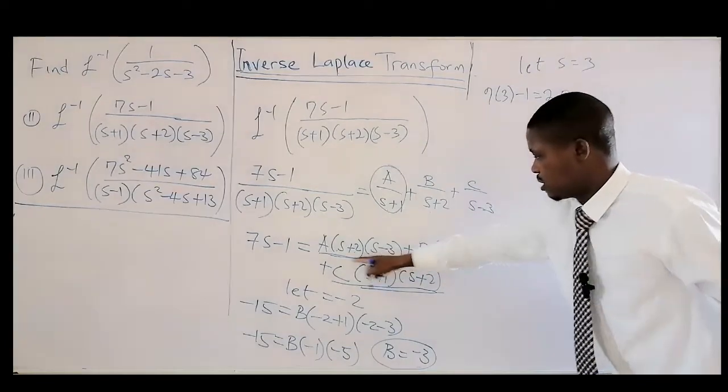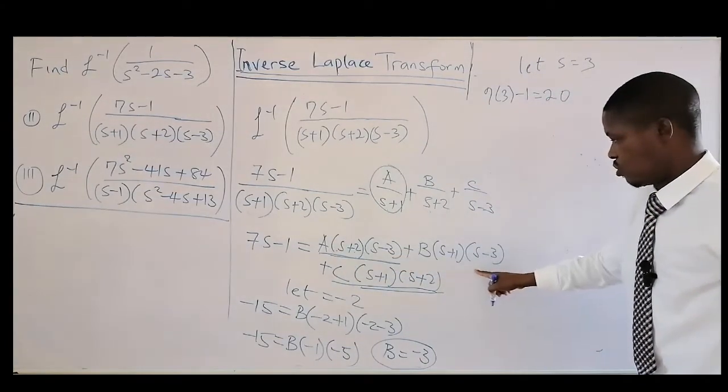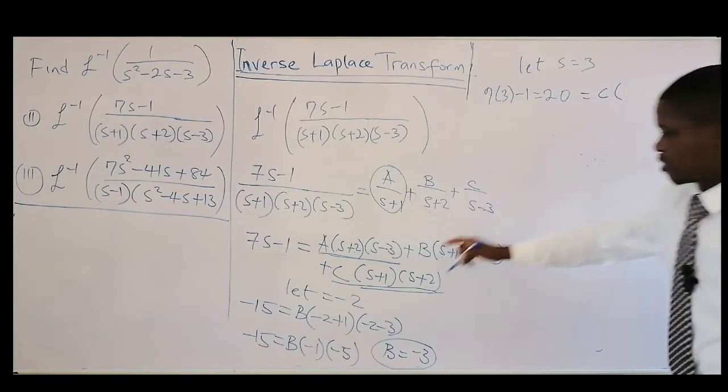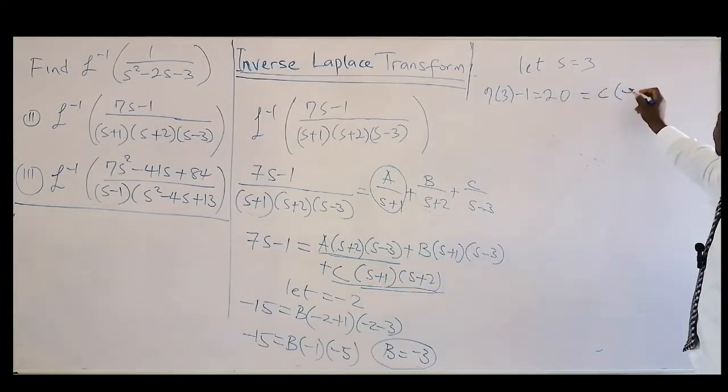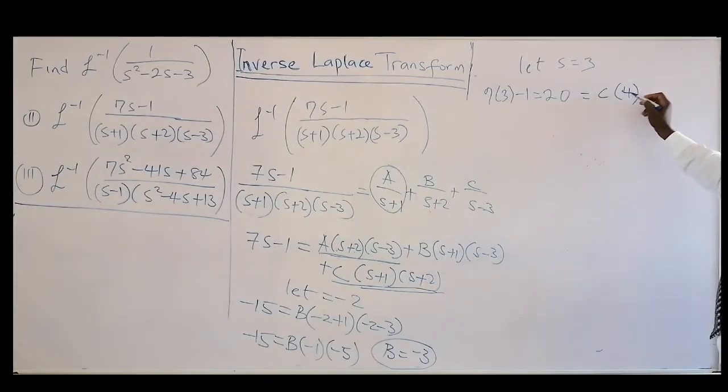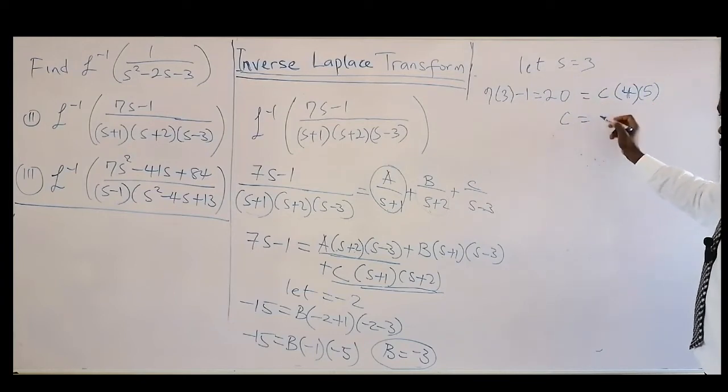If we put 3 here, that will go. This also will go. Then we can get C. That's C into brackets (3 plus 1), that's 4, and then (3 plus 2), that's 5. So I have 20 here. So C is what? C is 20 over 20.